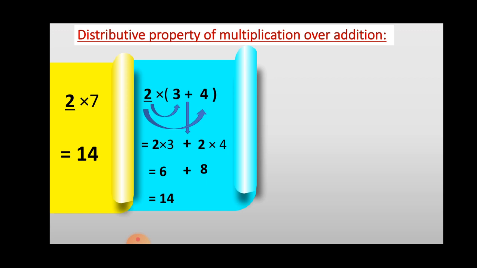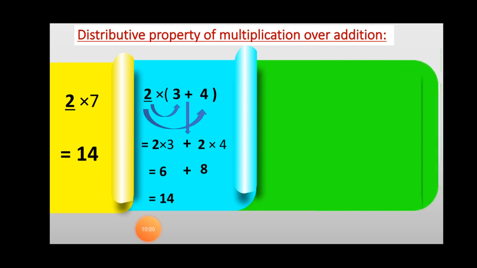Either we solve the numbers inside the bracket and then multiply with the number outside the bracket, or we multiply the first number with the first addend and then with the second addend; both give the same answer.